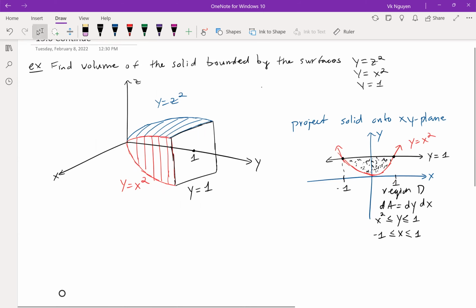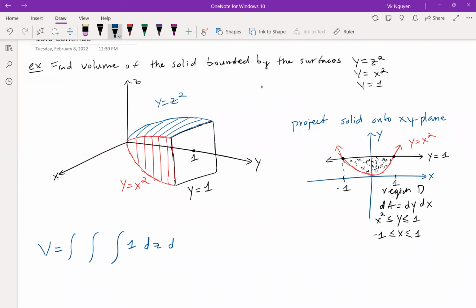Okay, so we have the dA. The volume is the triple integral of 1 dz dy dx. We know y goes from x squared to 1, and then x goes from -1 to 1.